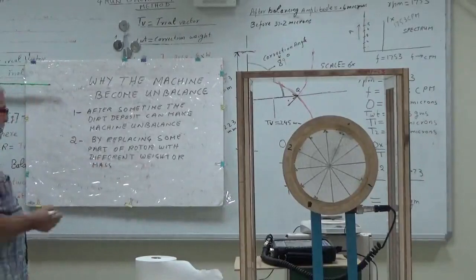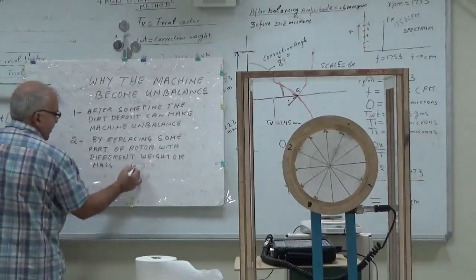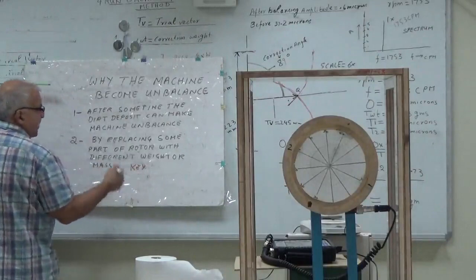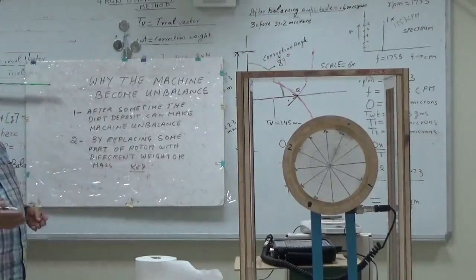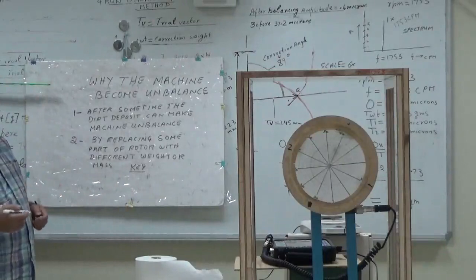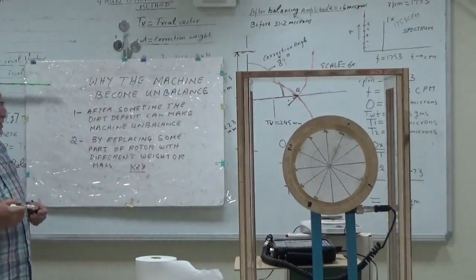For example, the key. If you replace the key after repair with a different size and it has a different weight, then it can make the machine unbalanced.